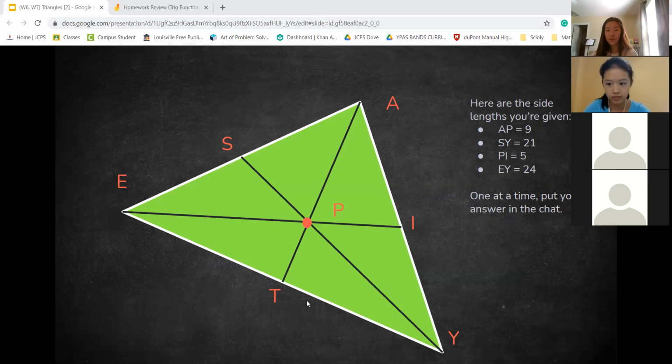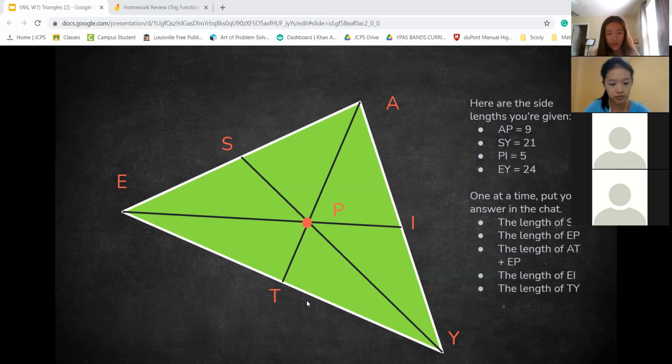So there are going to be some prompts, and you can label them 1 through 5, and tell me the length of SP, the length of EP, the length of AT plus EP, the length of EI, and the length of TY. So just using the theorem we just learned, you should be able to answer all of these.